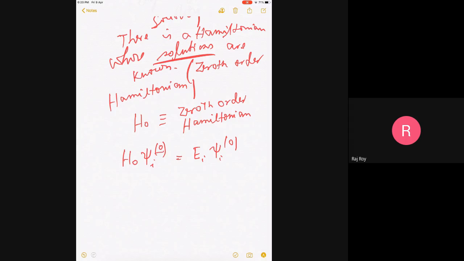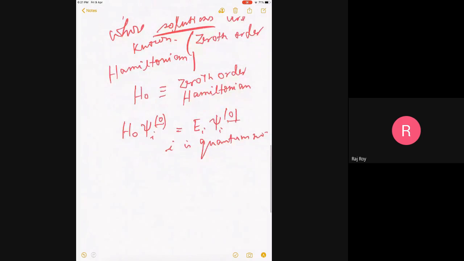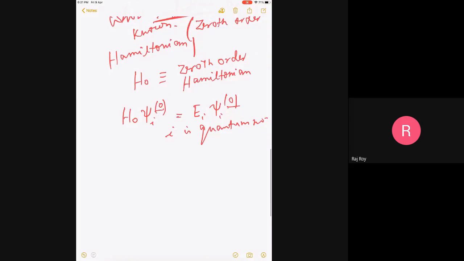This superscript 0 is essentially to say that these are the eigenfunctions and eigenvalues of the 0th order Hamiltonian, and I is the usual quantum number for this state, and we can assume that the quantum number starts from 0 onwards.